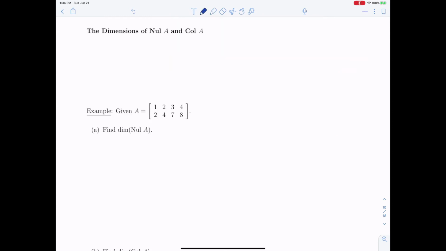Now, let's talk about the dimensions of the null space and the column space of A. Basically, we've seen that the null space is spanned by the vectors associated to the free variables for the matrix equation AX equals 0. So the number of basis elements equals the number of free variables in the homogeneous equation AX equals 0.